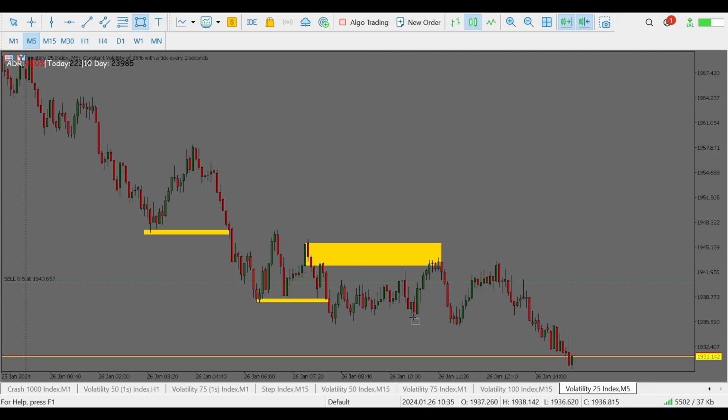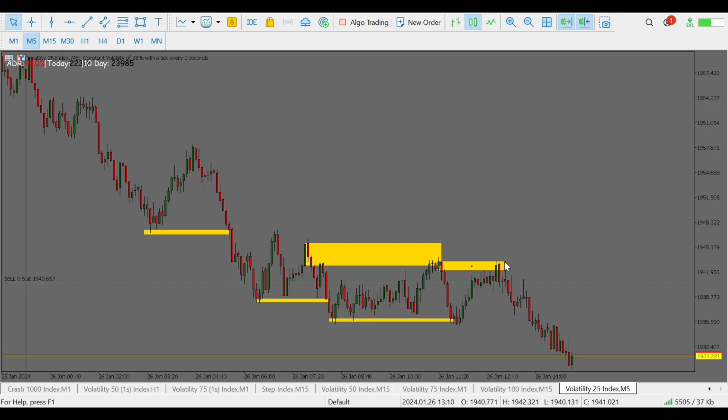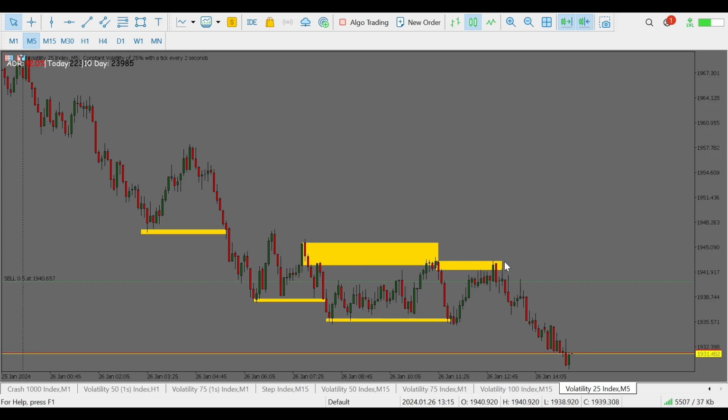Then price came again and broke this low right here. Then price came back to this last bullish candle before the fall, which is our order block, and went into it. That was supposed to give us our entry.